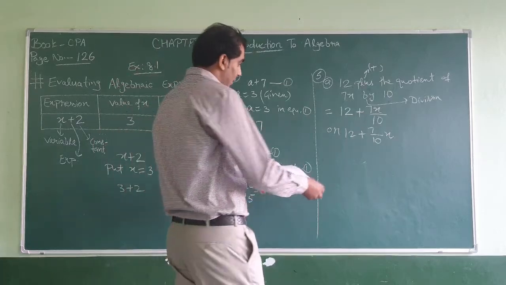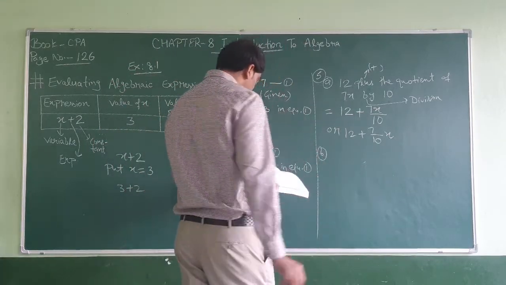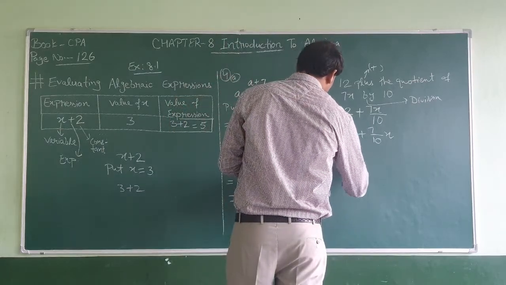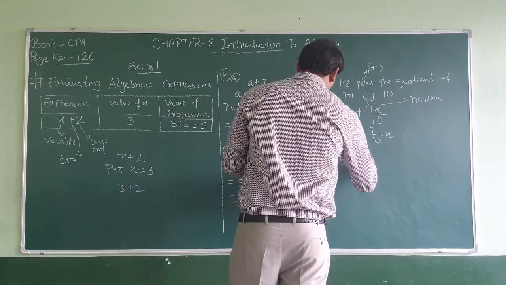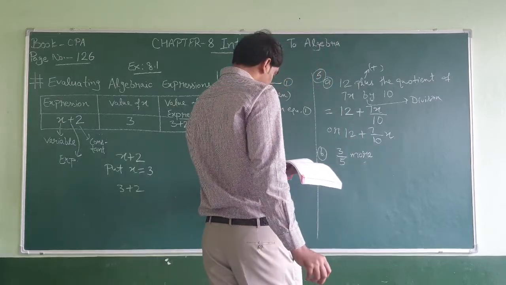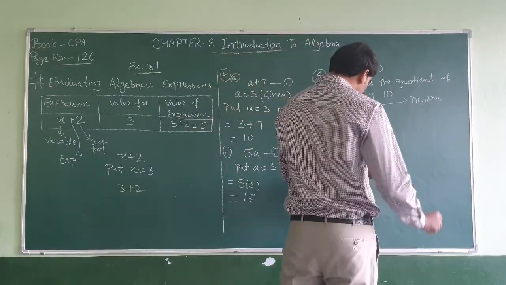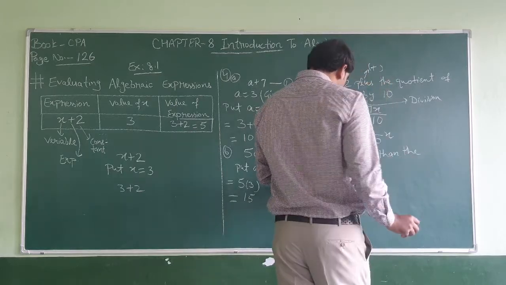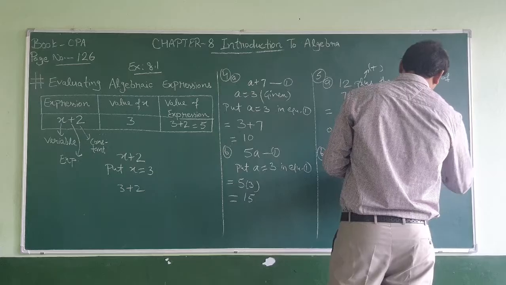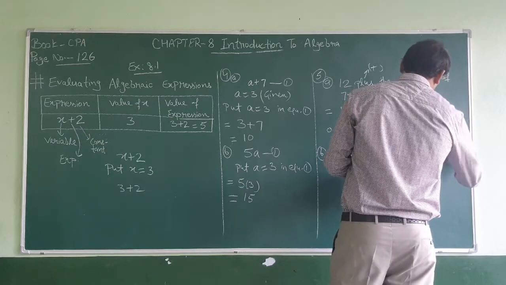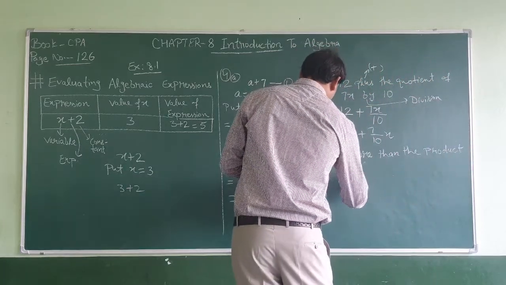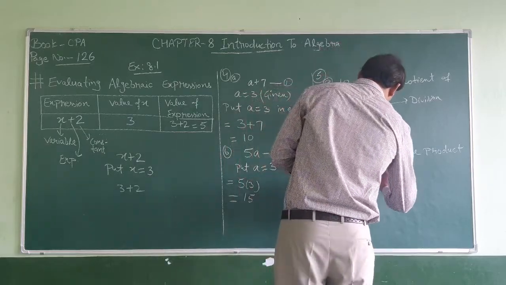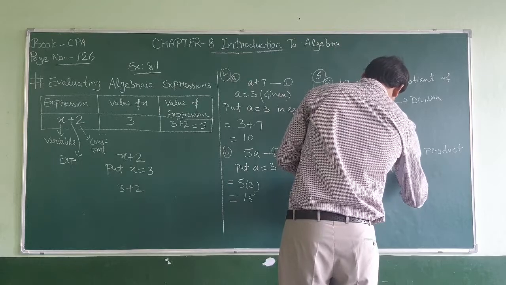If we have part B, no problem. Question number 5, part B: 3/5 is more than the product of x and 1/3.